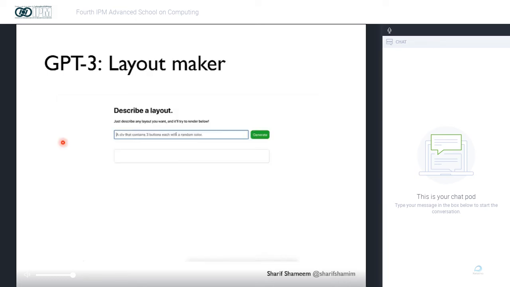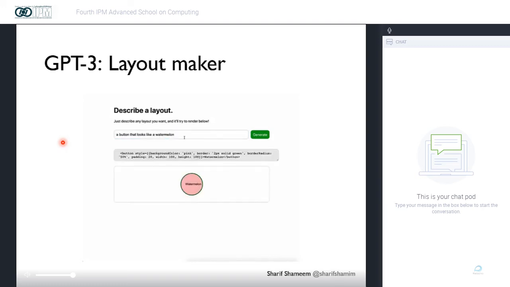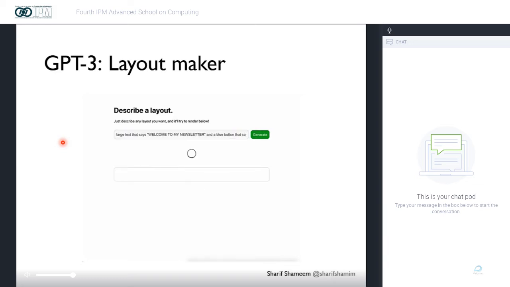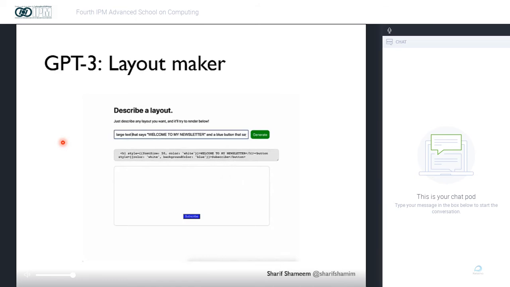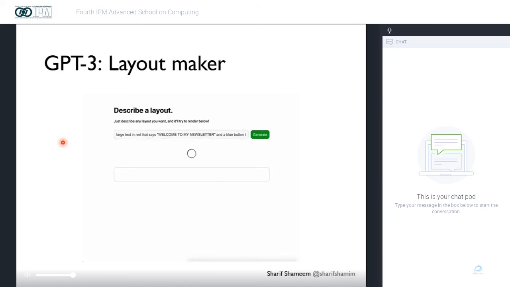Or another related demo of when you describe a layout and it generates the code for you, like a button that looks like a watermelon, or a large text that says welcome to my newsletter, and a blue button that says subscribe. So you see, you just provide descriptions and it provides the HTML code for you here.